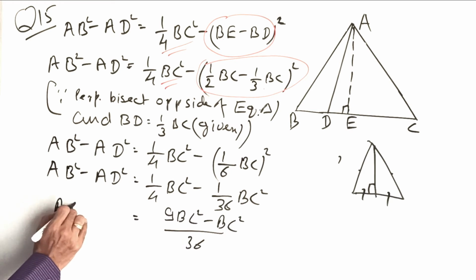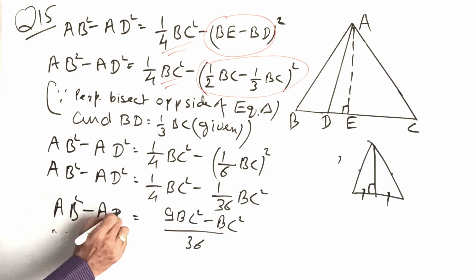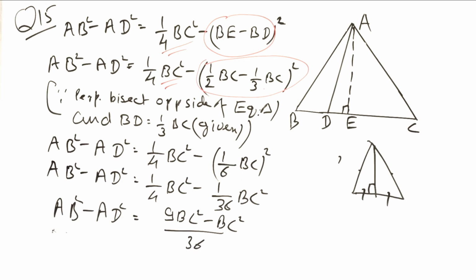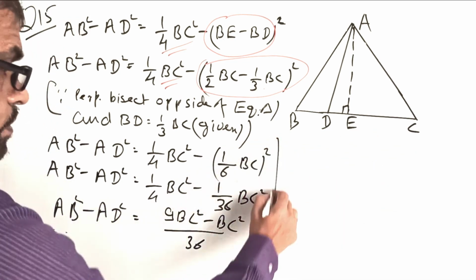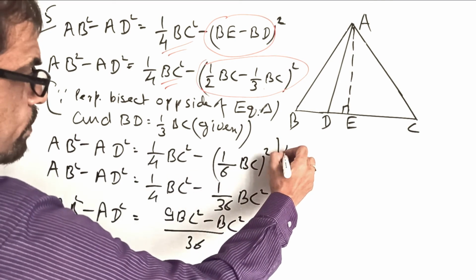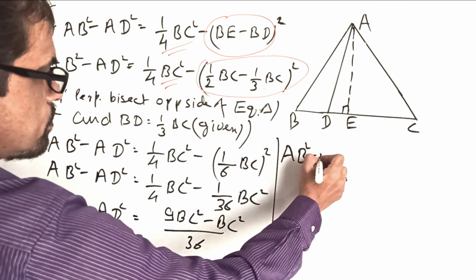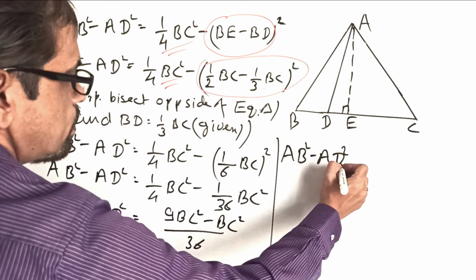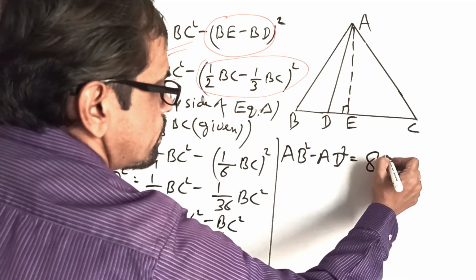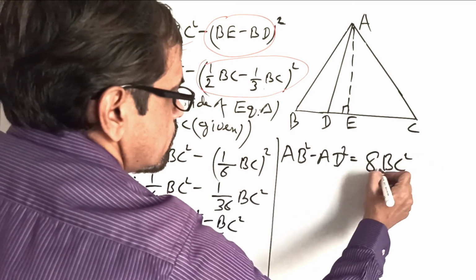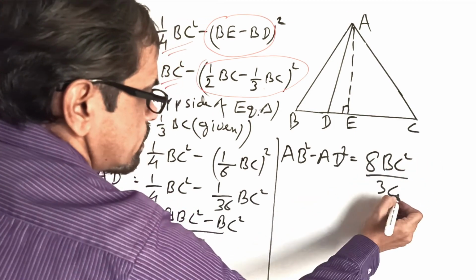So this is AB square minus AD square. Now listen, I am writing here. Now this will be AB square minus AD square is equal to 8 BC square upon 36.